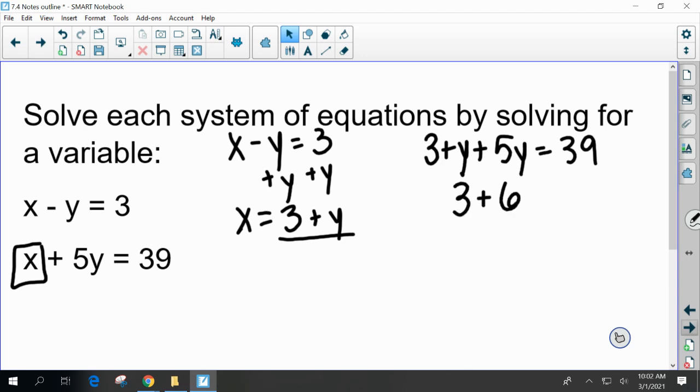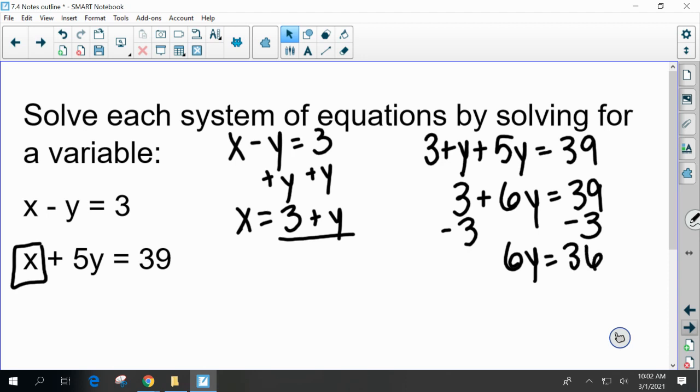So I have 3 plus 6y equals 39. Then I need to subtract 3. So 6y equals 36. And then divide both sides by 6. So y would equal 6.